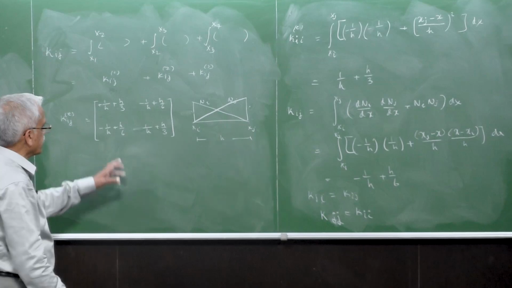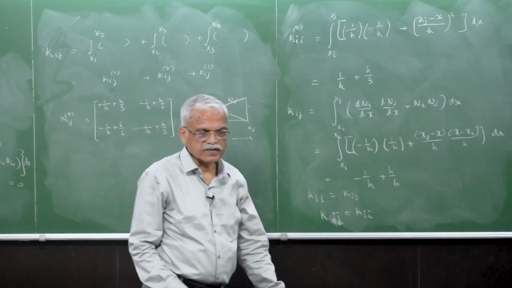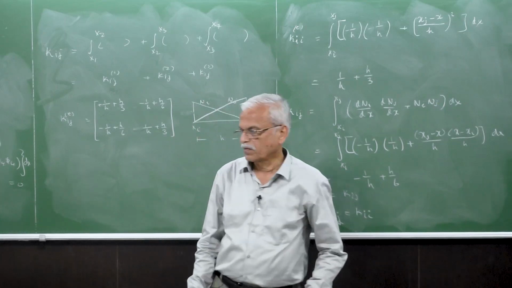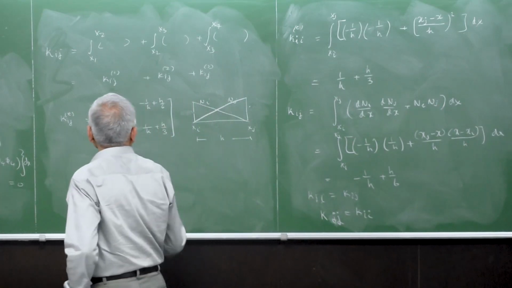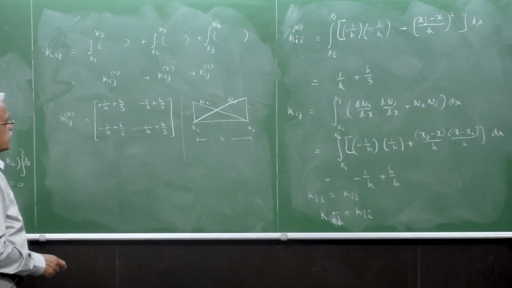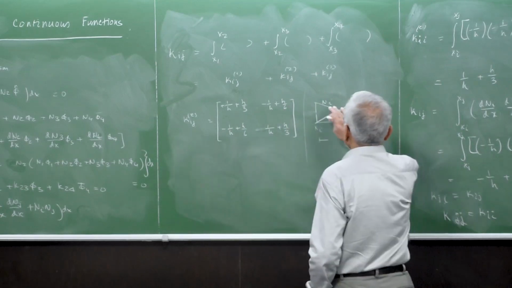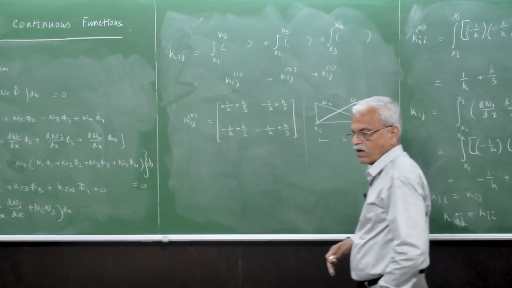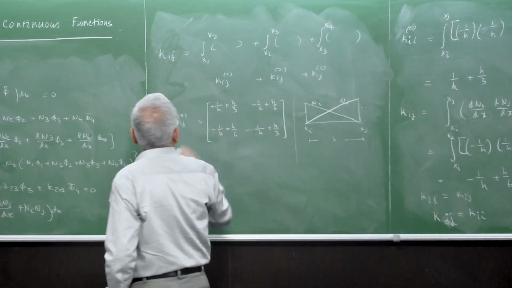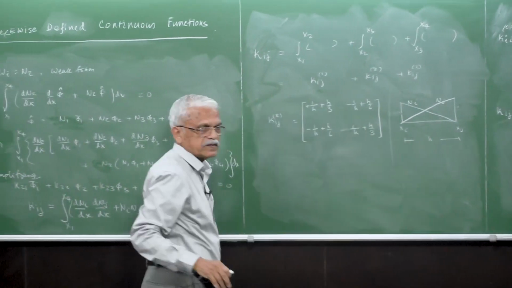This is for h being the size of the element. In fact, h can be different for different elements. It's not necessary that it has to be the same for all the elements. So this is what a general element looks like, Kij, where i and j are non-zero. This is now given in general.